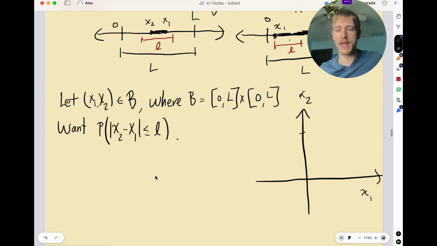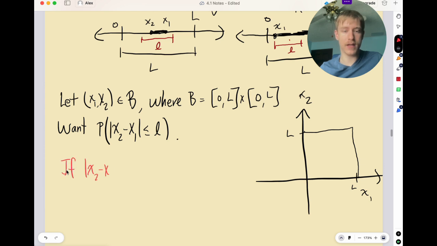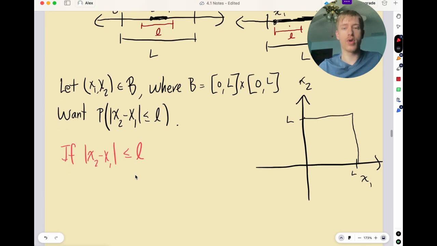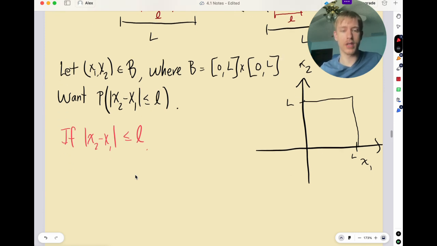This is going to represent the x1 axis, and this will represent the x2 axis. Okay, and then this is going to represent our total region, which is the square of length L. And we're going to figure out what this region is. Okay, well, if x2 and x1 are within l of each other, properties of inequalities says that this implies that x2 minus x1 is going to be between minus l and positive l.